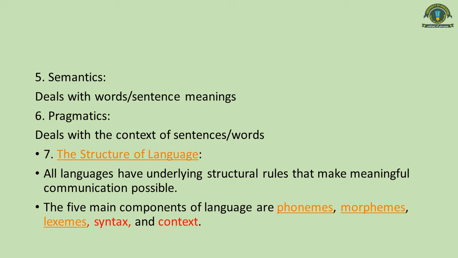The next branch is semantics. Semantics mainly deals with the meanings of words and sentences. Someone who studies semantics is interested in words and what real-world object or concept those words denote or point to.